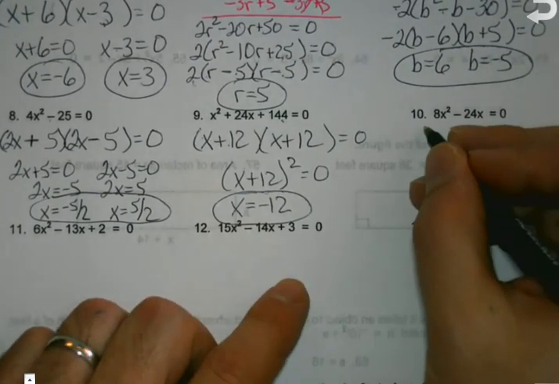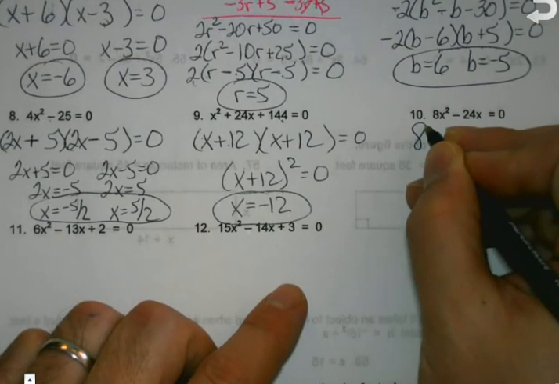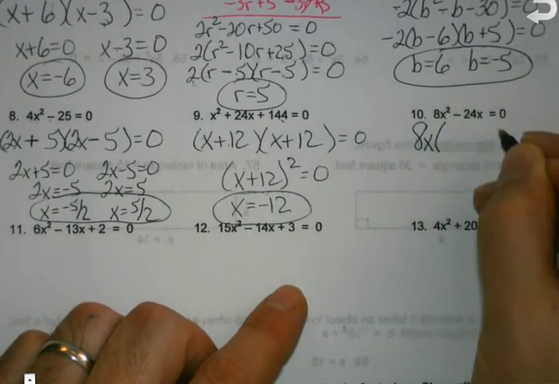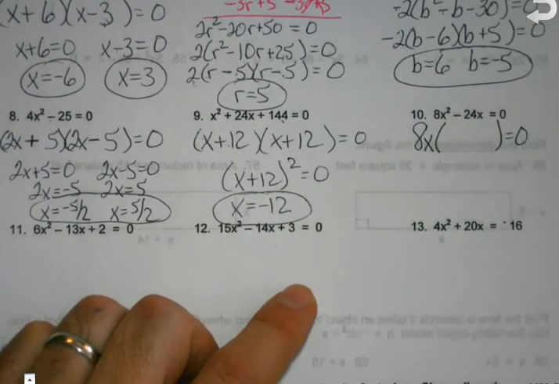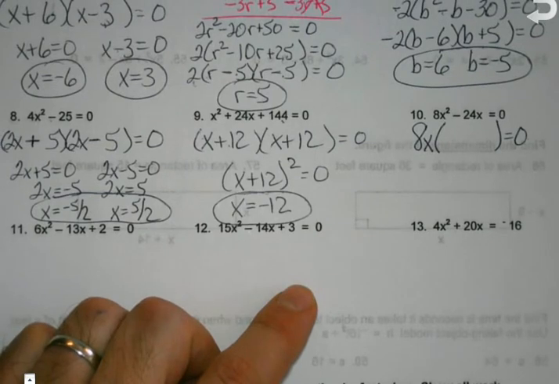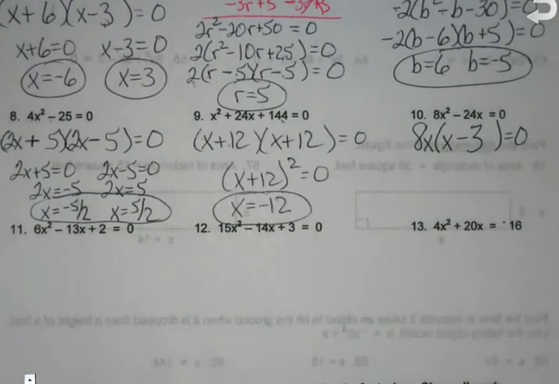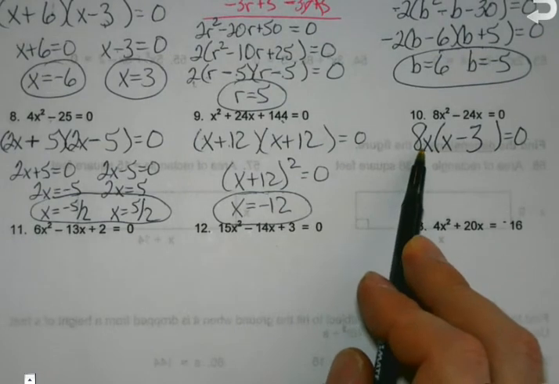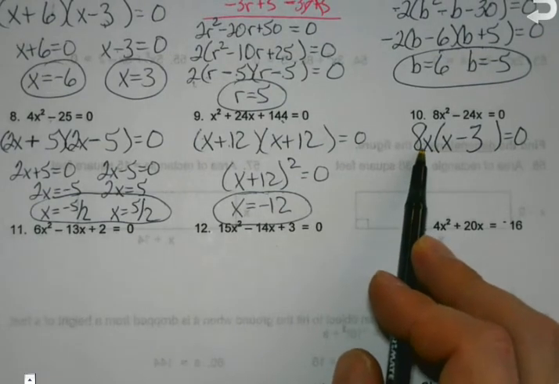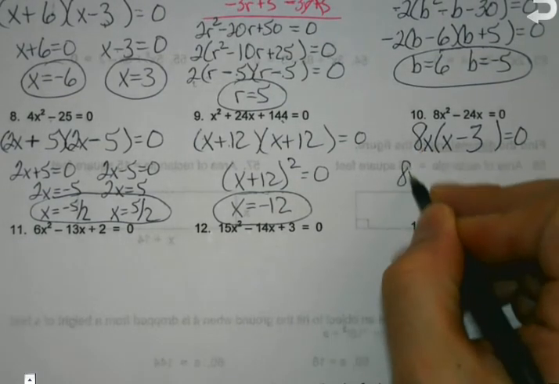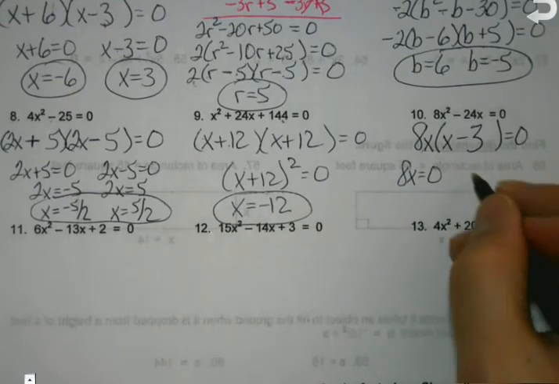Take out 8. What do I have left? That's minus 3. Now here's the first time our factor that we took out, our greatest common factor, has an x value with it. Whenever that happens, that also needs to be set equal to 0.